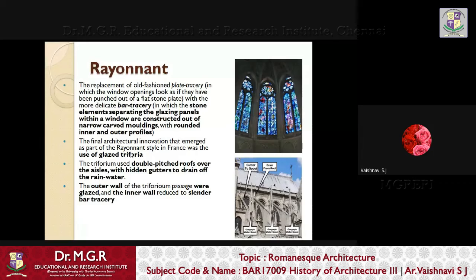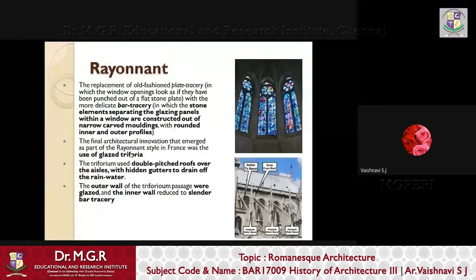And then they used glass for the Triforium galleries. So the Triforium galleries were present inside, and they used glass for that. And then the Triforium had a double pitch roof, and it had gutters to drain the rainwater.